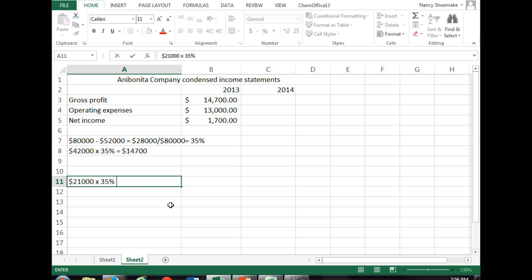Times 35% is equal to what? 7,350? Now let's look at our installment sale for 2014. How are we going to determine that? What is the sales? 90 minus the cost? 59,400 equals what?